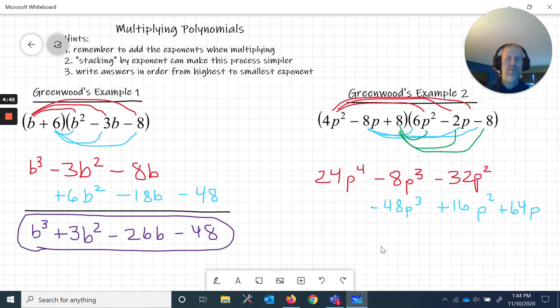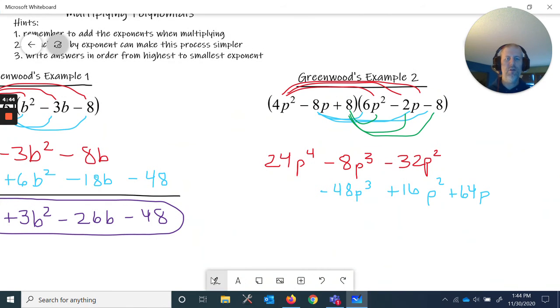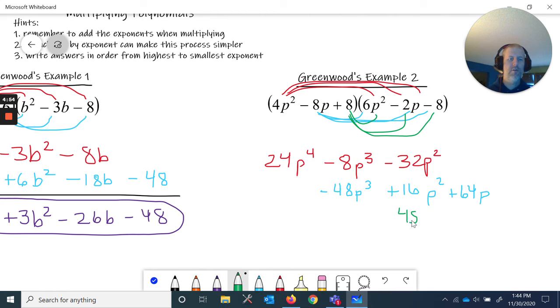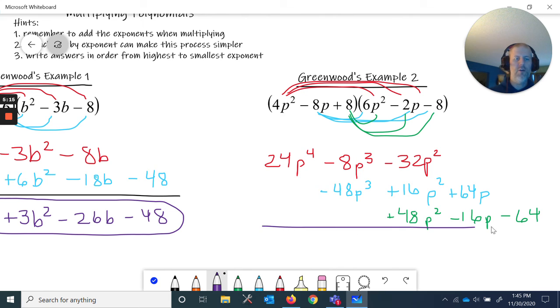Now I'm going to slide this up a little bit so you can see the rest of this problem. 8 times 6p squared goes into the p squared column, so 6 times 8 is 48p squared, and that's a positive 48, so I'm going to put a plus there. 8 times negative 2p is negative 16p. And 8 times negative 8 is negative 64. Whew. That is a lot of terms to put together.